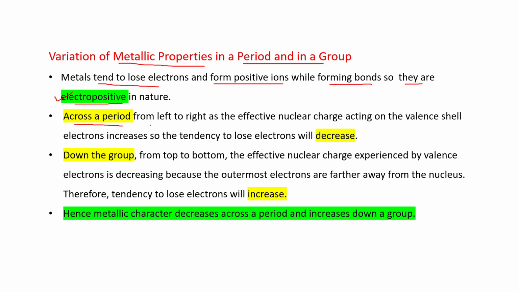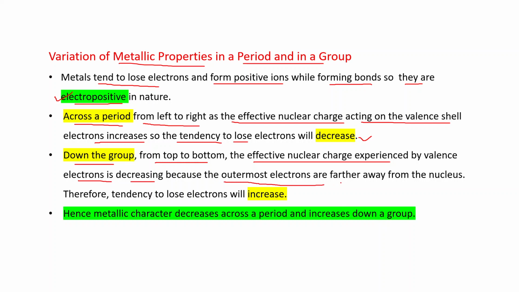Across a period, that is, if you go from left to right in a period, the effective nuclear charge acting on the valence shell electrons increases, so the tendency to lose electrons will decrease. But down the group, that is from top to bottom, the effective nuclear charge experienced by valence electrons is decreasing because the outermost electrons are farther away from the nucleus.